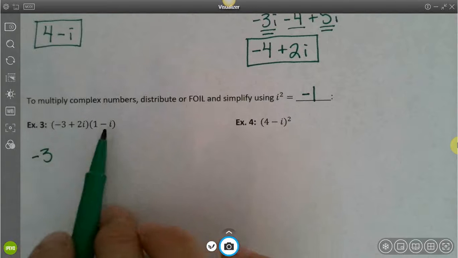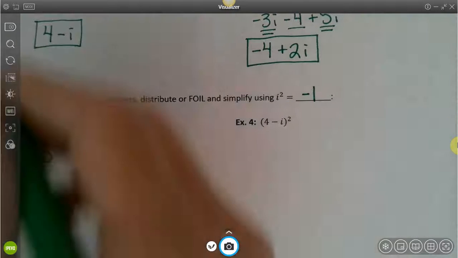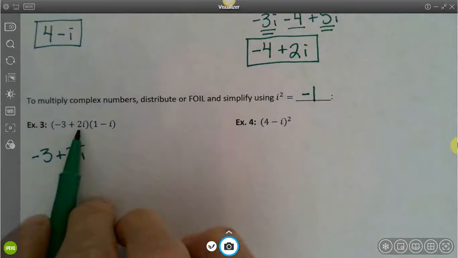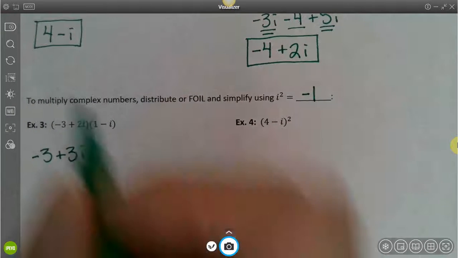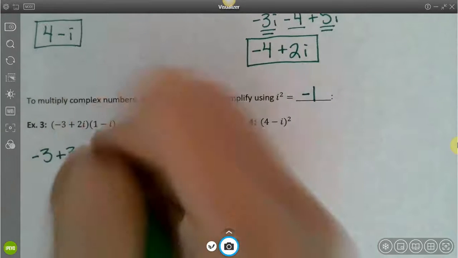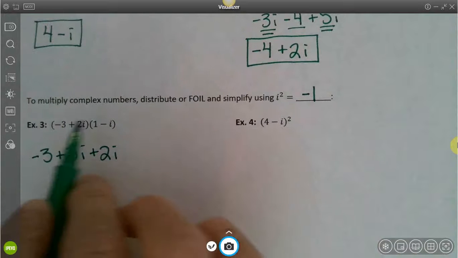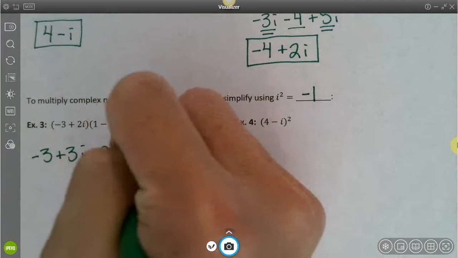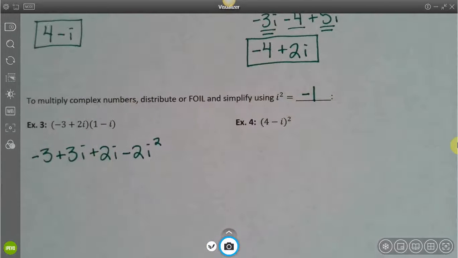Outer is negative 3 times negative i, which gives me a positive 3i. Inner, 2i times 1 is 2i. And last times last, 2i times negative i is negative 2i squared.